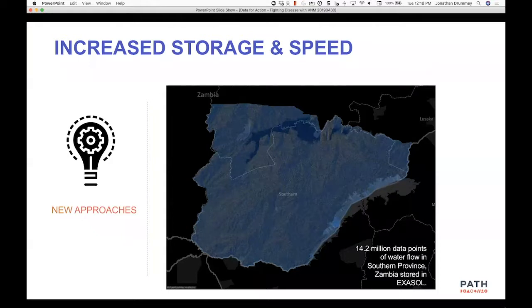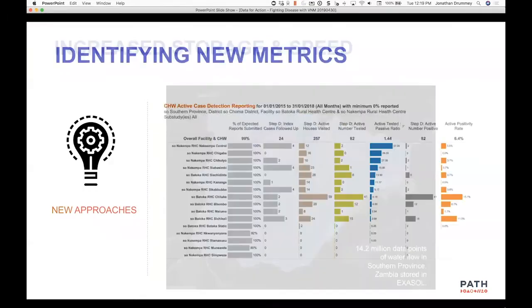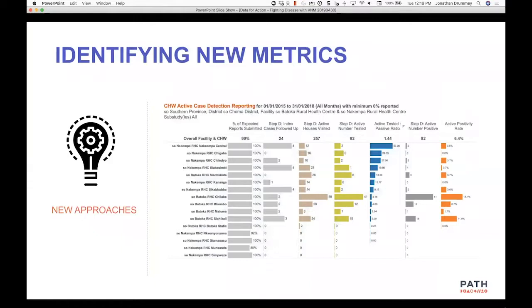So for example, with this one, again you're looking at water flow, but loading it in for all of Southern Province, Zambia, into Exasol to work with that, and then being able to visualize that. And as part of this, because we have these new tools and we're going into areas and they're trying to figure out what's going to work here, we're identifying new metrics as we go and being able to build those out on the fly and work with them.